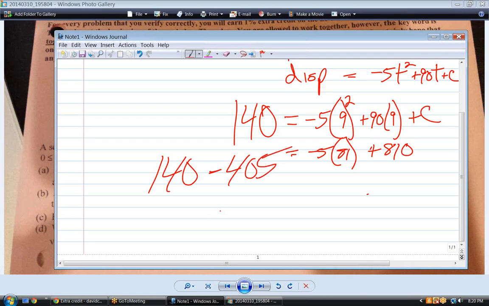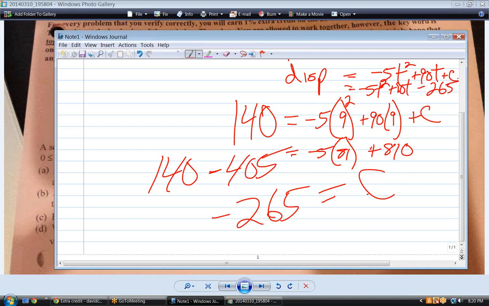I think I'm doing this right. That's minus 265 equals C. So for displacement, that's not what they asked for, though. They asked for distance. In other words, that would be minus 5t squared plus 90t minus 265 as an expression for the displacement.